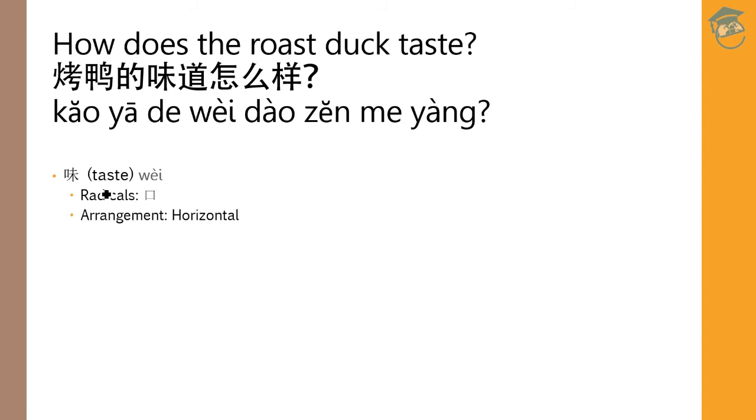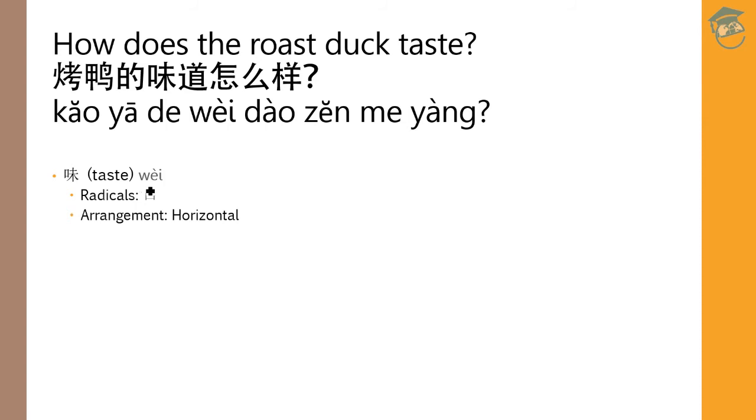Okay, as you know, smelling and tasting are heavily connected. So in Mandarin, this word 味 is heavily related to taste and smell. Okay, but in this context, you're saying 味道 as in the taste, how it tastes.